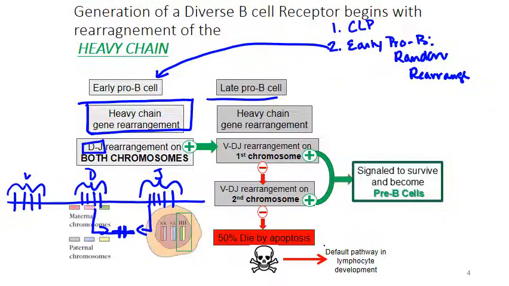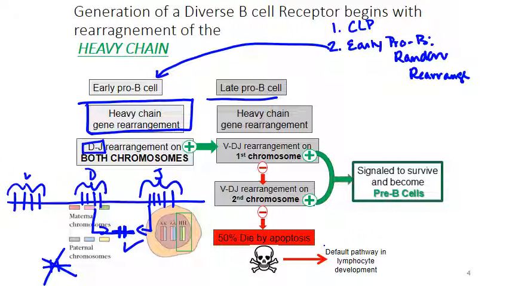As the cell is transitioning from early pro-B to late pro-B, remember this is all happening on both chromosomes. When one chromosome successfully does this, it shuts off rearrangements on the other chromosome. That is known as allelic exclusion.